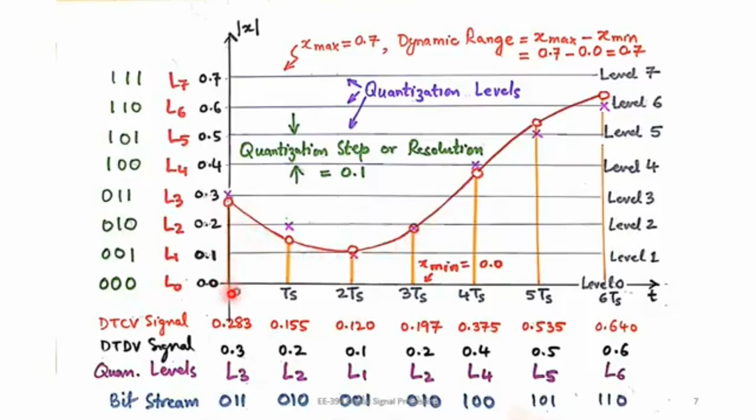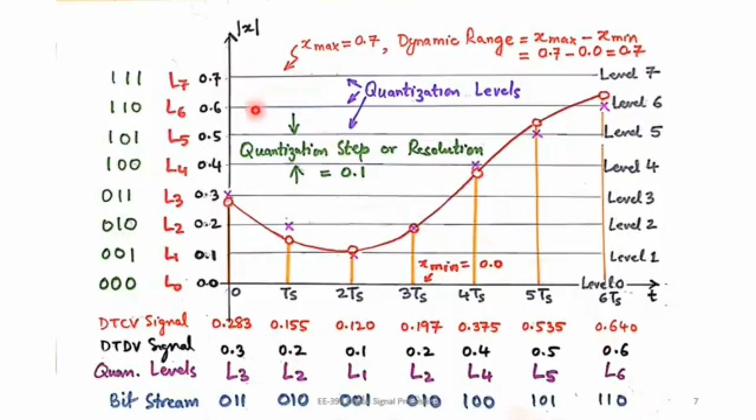It went through a sampling process. Then we converted the sampled signals into rounded off versions, which are quantized signals, discrete time discrete valued signals. And then these signal values are converted into levels, and then levels are coded into bit streams. Now this is the entire analog to digital conversion process represented on this slide.